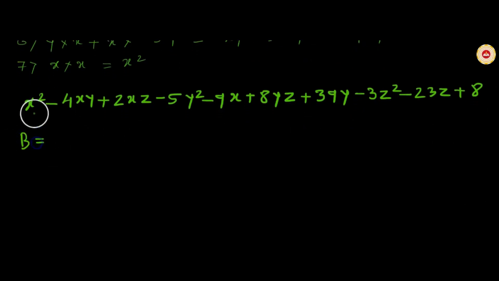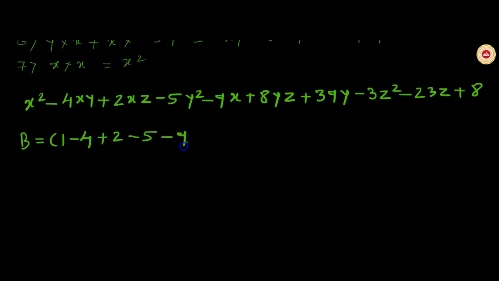Bijank is, see, write the numerical coefficient of these terms. What is the coefficient of x squared? 1. What is the coefficient of xy? Minus 4. What is the coefficient of xz? Plus 2. What is the coefficient of y squared? Minus 5. In this way, write the numerical coefficients.